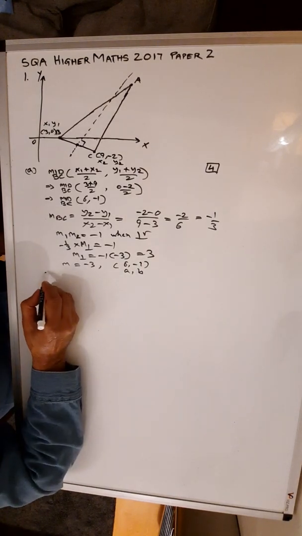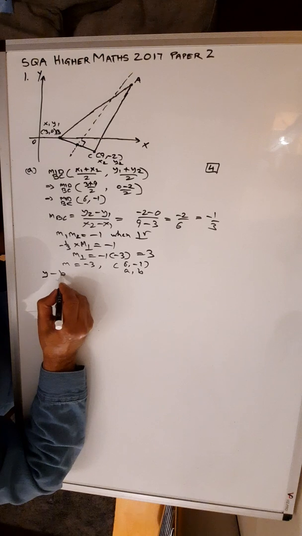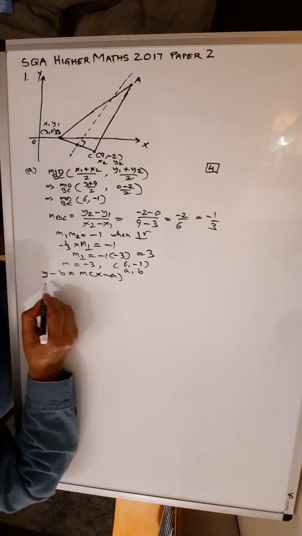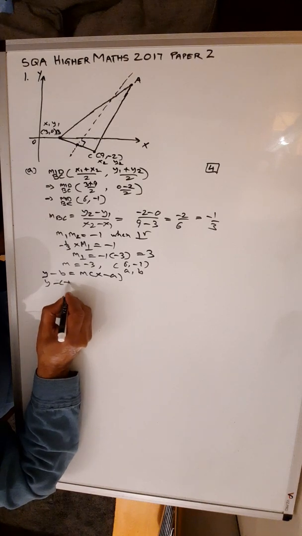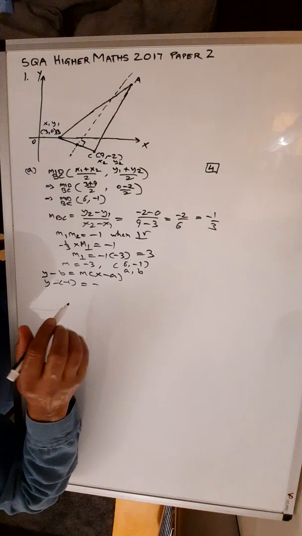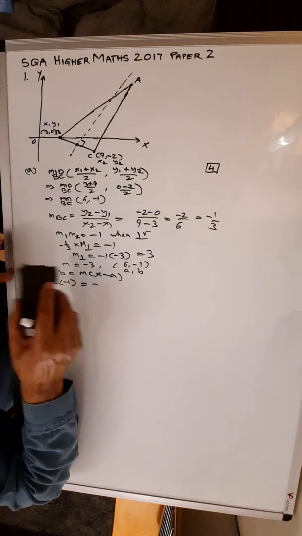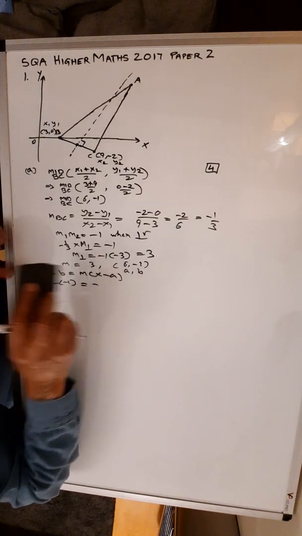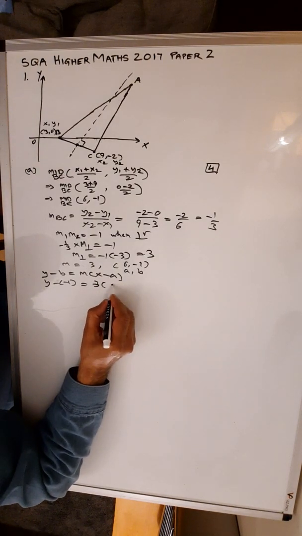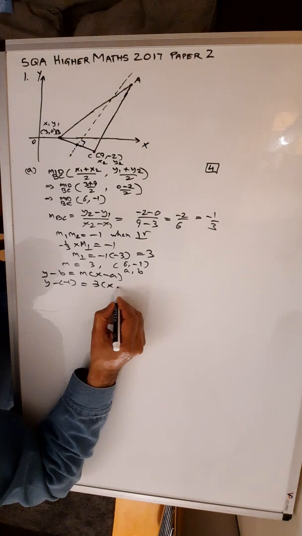The equation of a straight line you're going to use is y minus b is equal to m times (x minus a). Y minus (minus 1) is equal to, not minus 3, is plus 3 times (x minus 6).